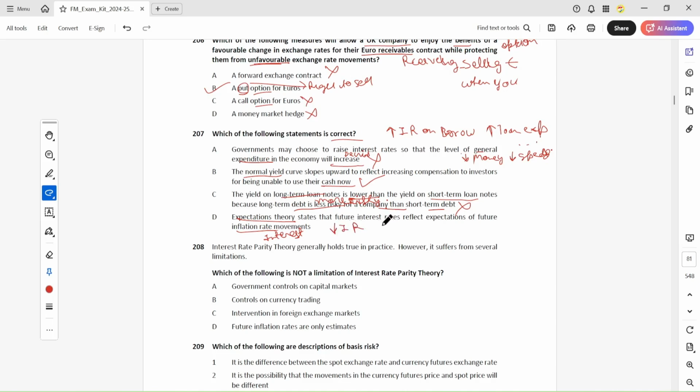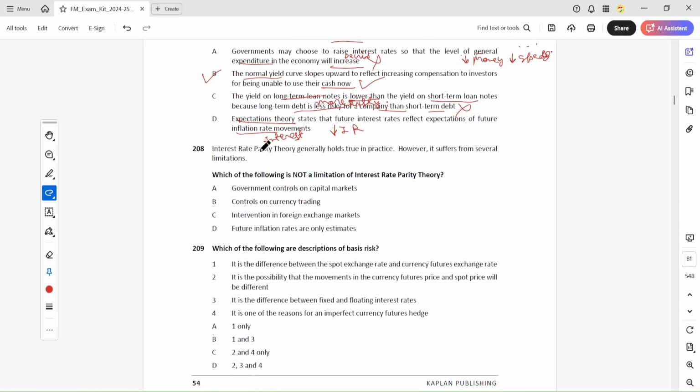That's why the lenders will try to reduce the interest rate now, so that their loan rate will be reduced in the future. That's why they are lowering their interest rate. Okay, so this one is right.